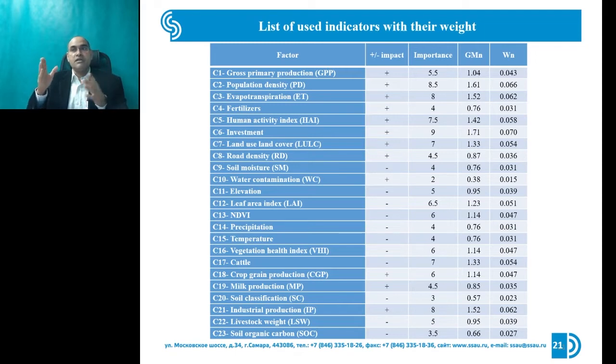Now I use 23 parameters so that my results will be more accurate. In other words, my GIS module will be more qualitative, accurate, and provide more answers to queries, meaning how much population density or gross primary production affects the module. That's why I enlarged my module, so that my GIS will be really more meaningful.